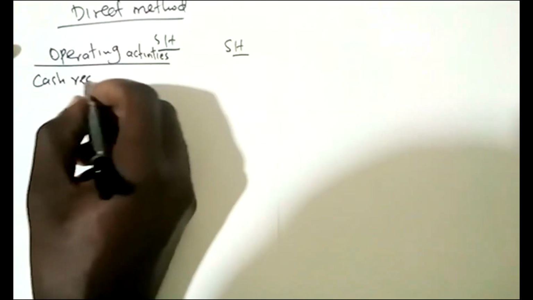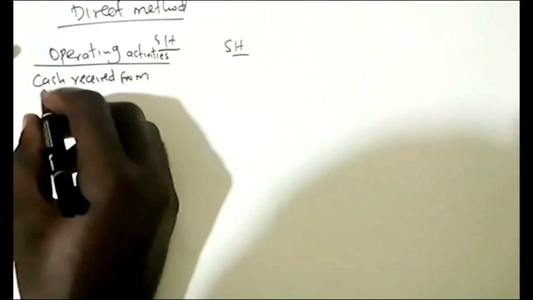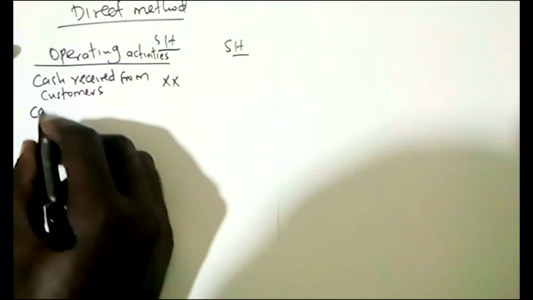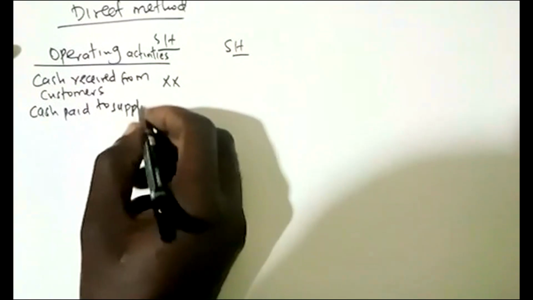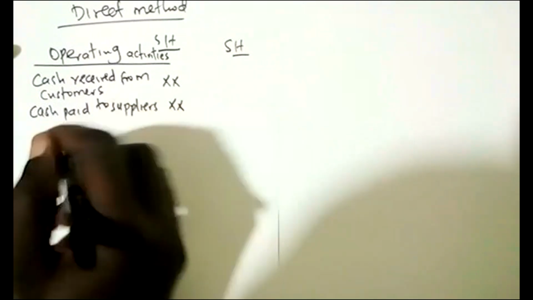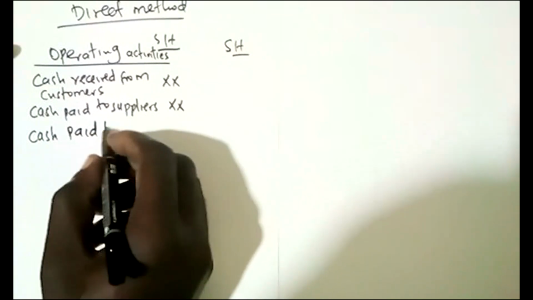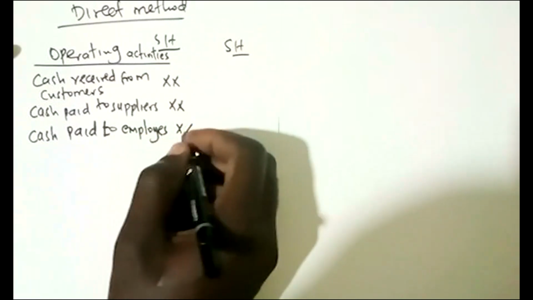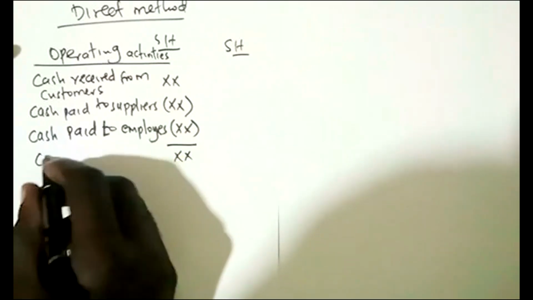So for the operating activities, we start from cash received from customers. Then cash paid to suppliers. Then cash paid to employees. Up to that point, you get cash generated from operations.